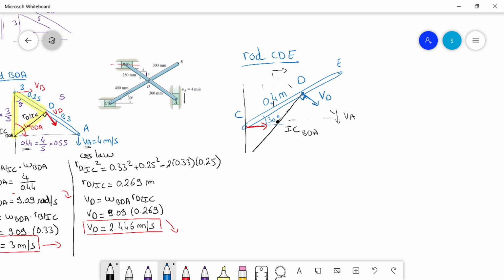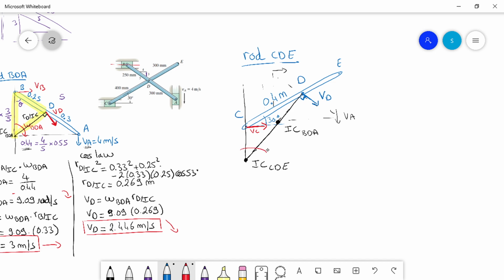I will move it down, so I don't lose anything, but I do have space for my new IC. That's the IC of the rod CDE. Yes, and they are aligned. They need to be aligned because they have the point D that belongs to both rods, the rod BDA and the rod CDE. And this one is VC.